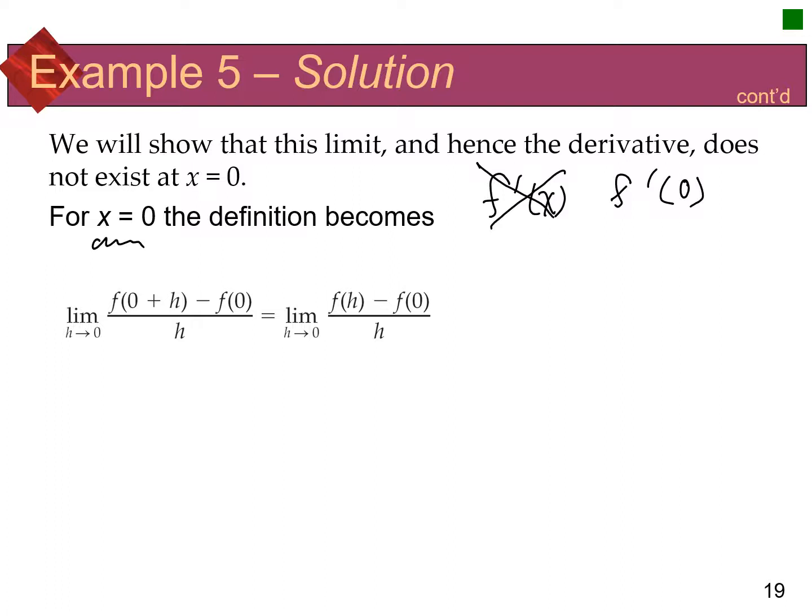So I get the limit as h goes to 0 of absolute value of h minus 0 over h, which means we're looking for the limit as h goes to 0 of the absolute value of h over h. Now you cannot carry through the division because that top h is inside of a grouping symbol.